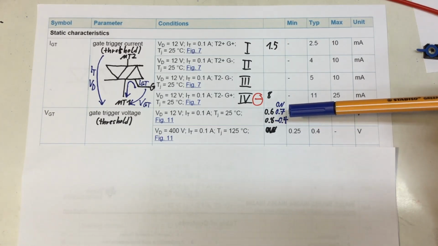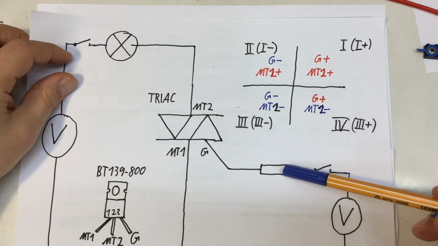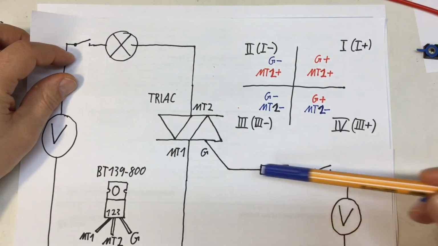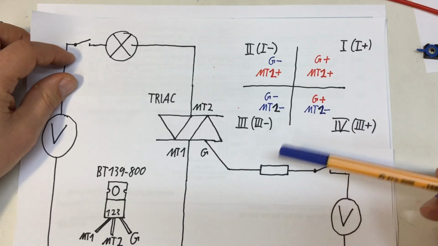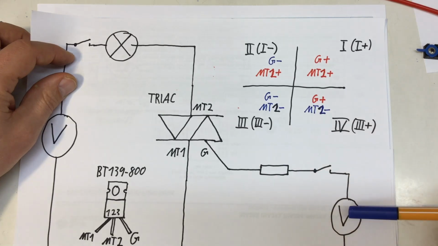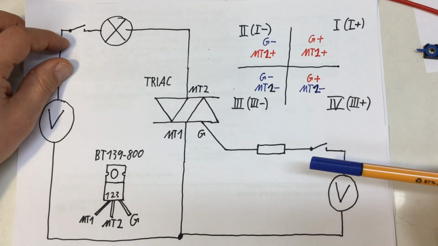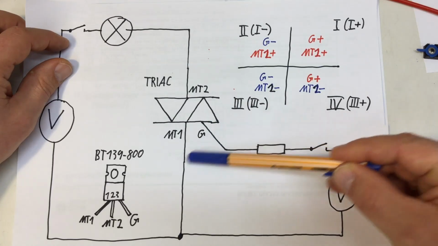So if you are using a resistor here to limit your gate current, and you expect, okay, I dimension that thing according to the voltage I have available and the voltage drop I'm expecting here.